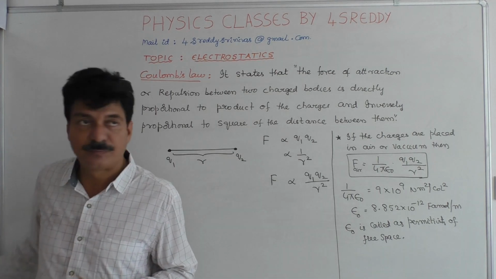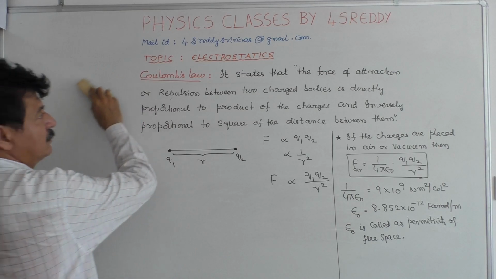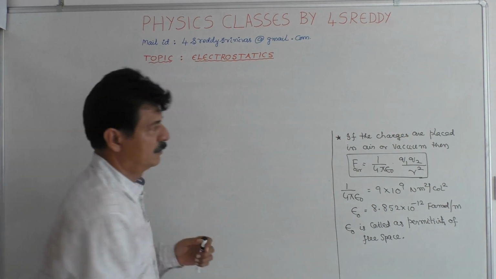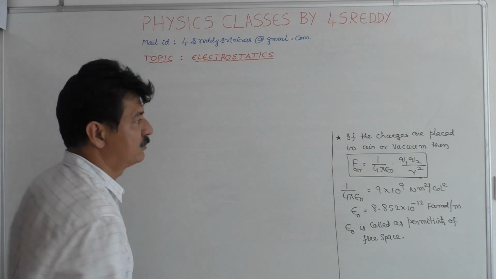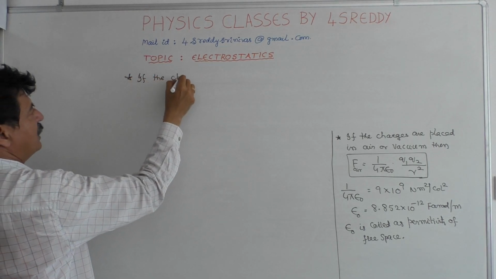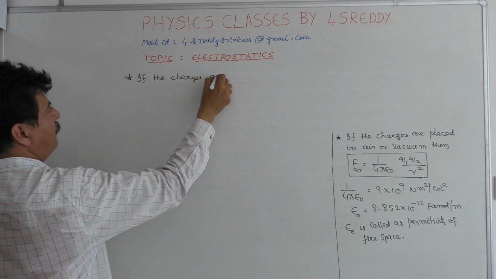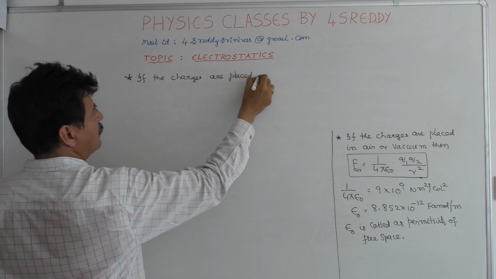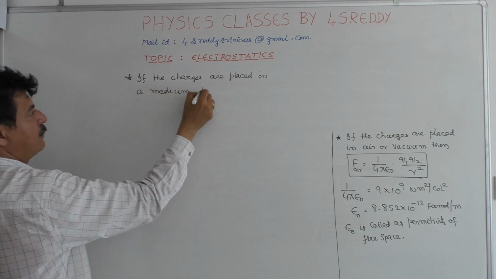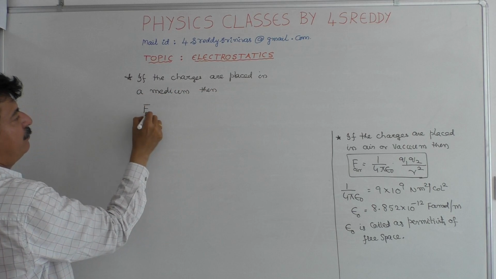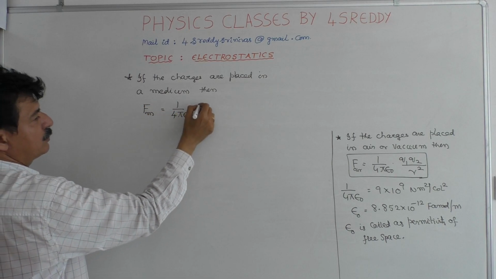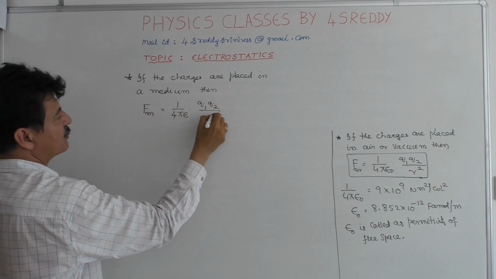But suppose the charges are placed in a medium, then that F in medium is given by 1 by 4 pi epsilon into Q1 Q2 by R square.